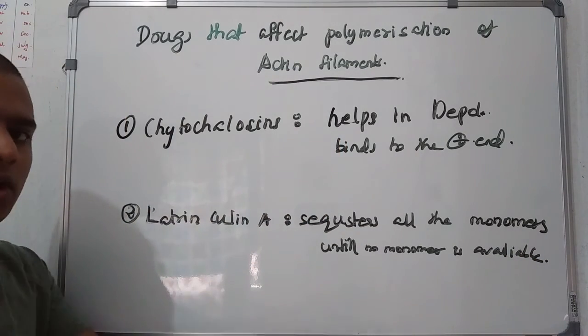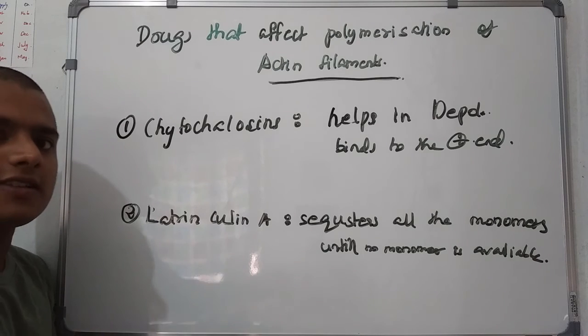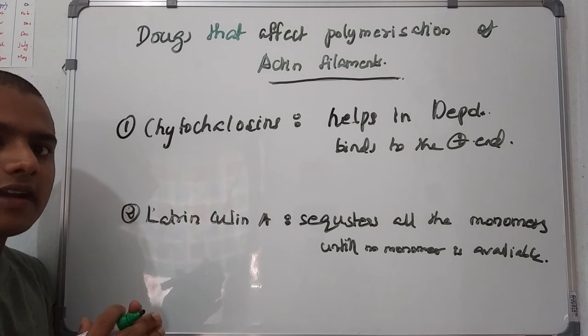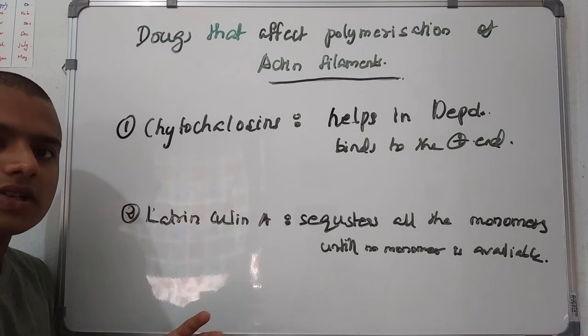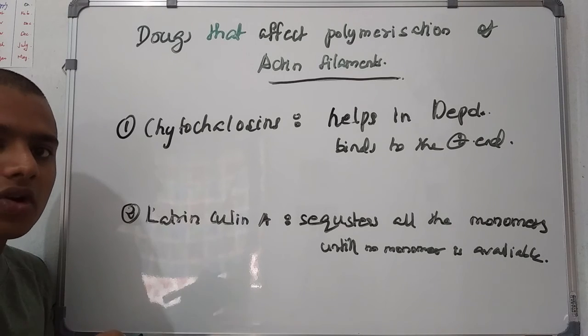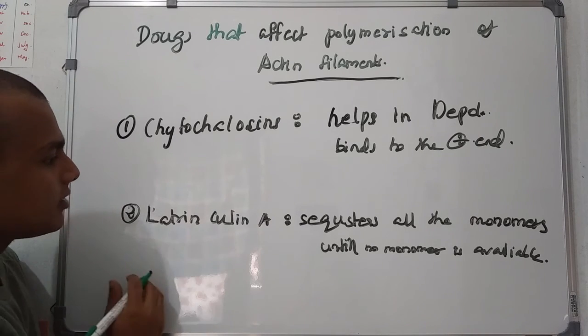Sequesters means it collects all the monomers present in the cytosol and keeps them and does not free the monomers into the cytosol. It collects and keeps the monomers. That's the duty of latrunculin.